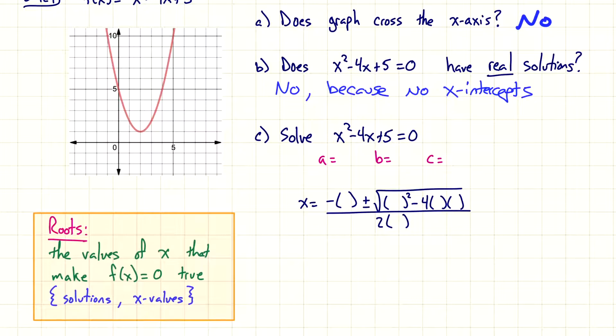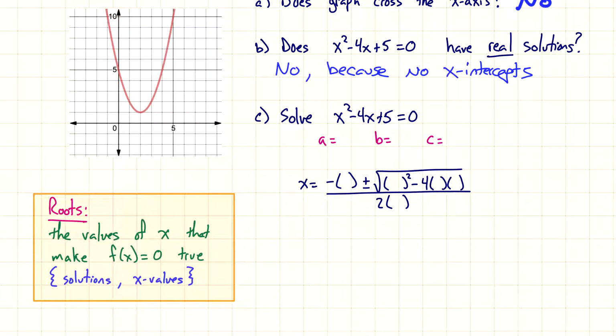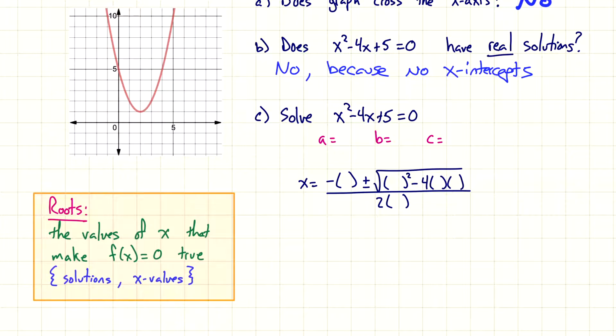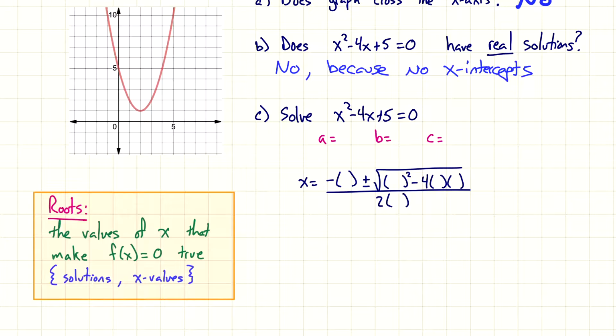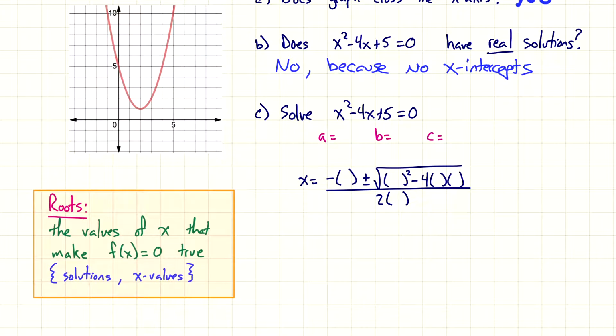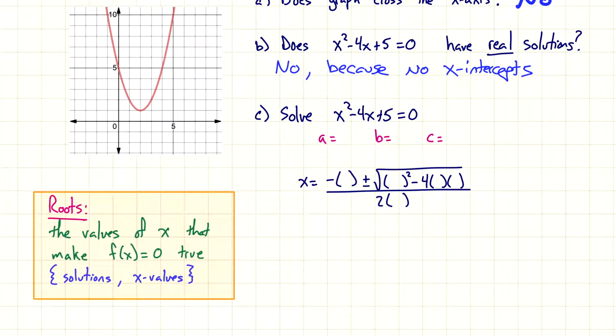All right, so we're going to solve this using the quadratic formula. You could use completing the square as well, but I think the quadratic formula works a little bit better for this one. What we're really going to be looking for are what we call roots. Here's a little side note definition.